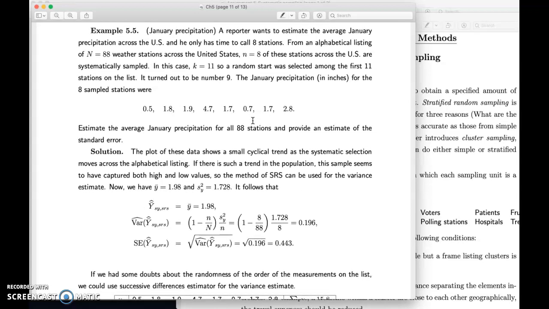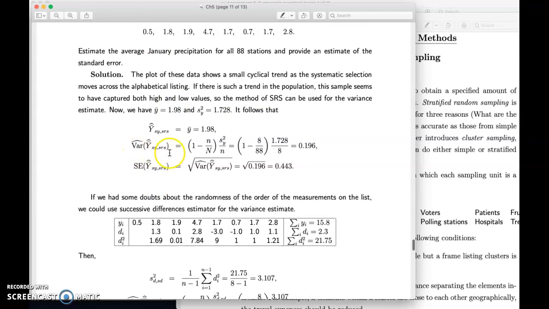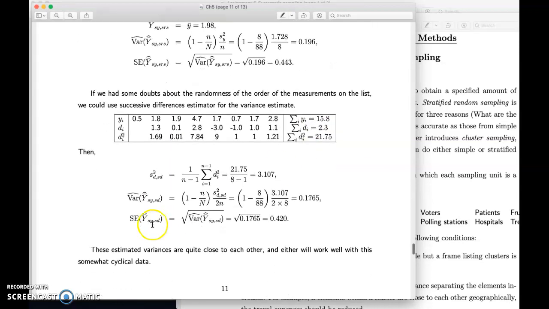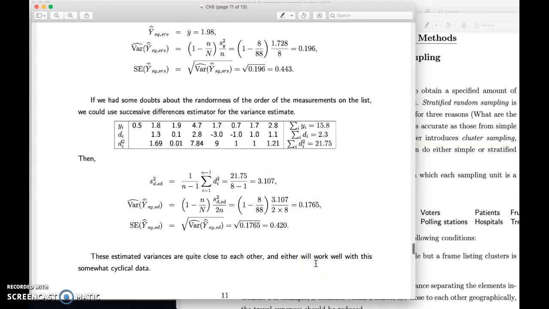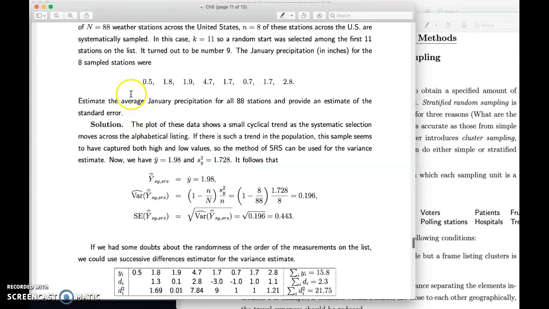Okay, like the example in the lecture 5.5, we estimate the variance using SRS method 0.196 as compared to using the differences method. They're quite similar, so we can say that there is no trend at all of the original data set.